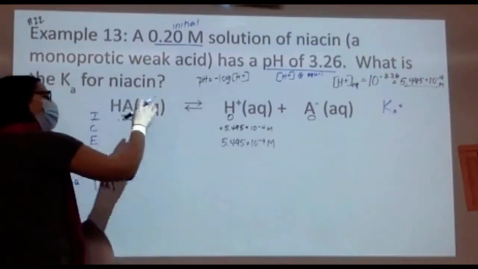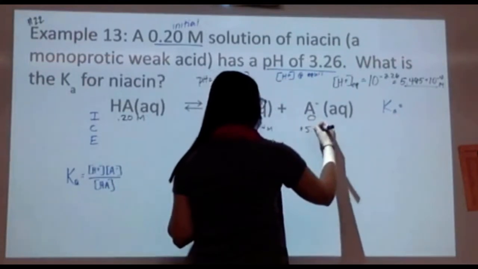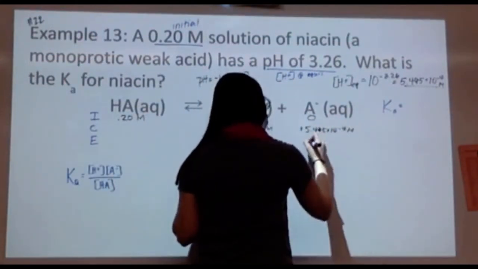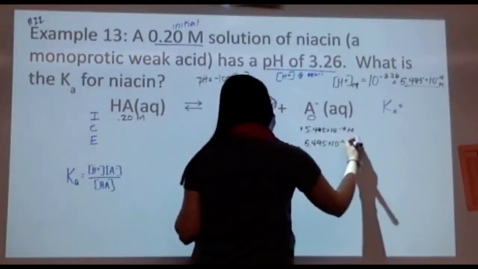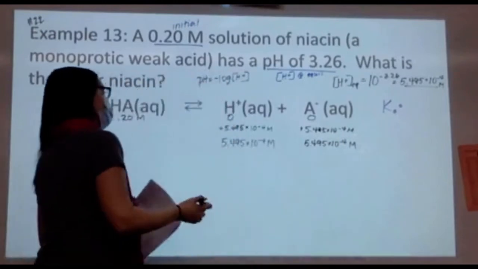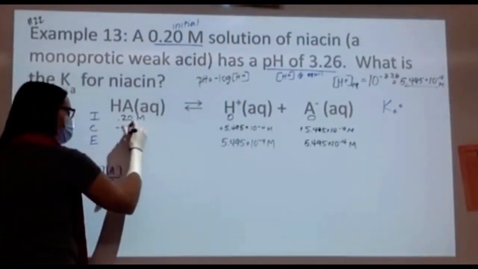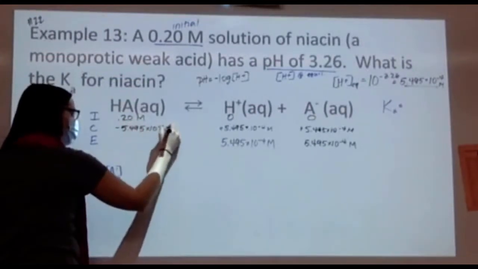Because it's a 1:1:1 ratio, A minus increased by the same amount, so its equilibrium is 5.495 times 10 to the negative fourth molar. And because HA is on the other side of the arrow, it decreased by 5.495 times 10 to the negative fourth molar.